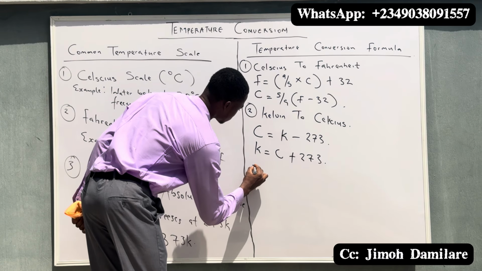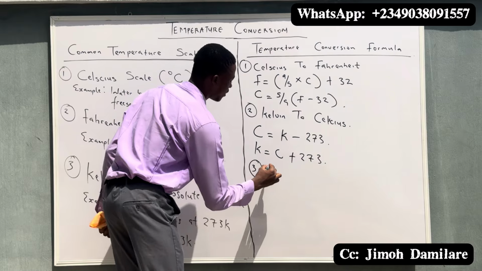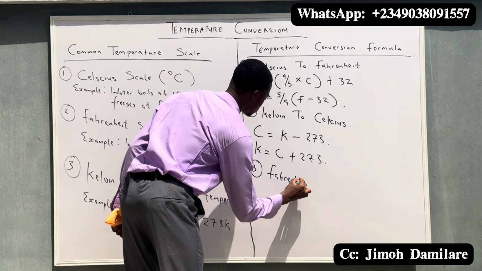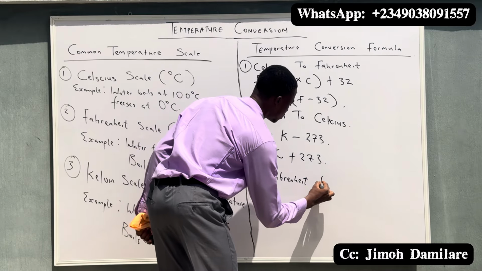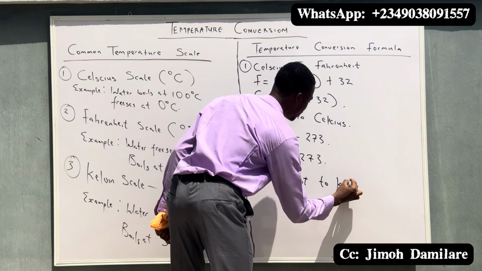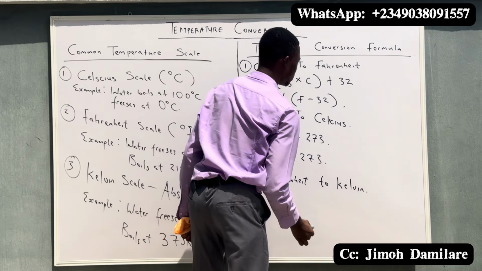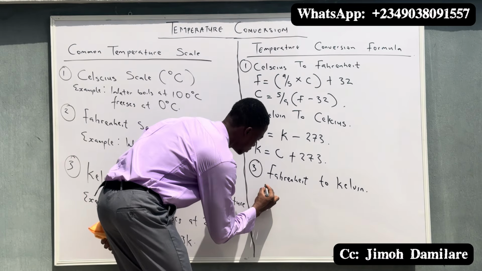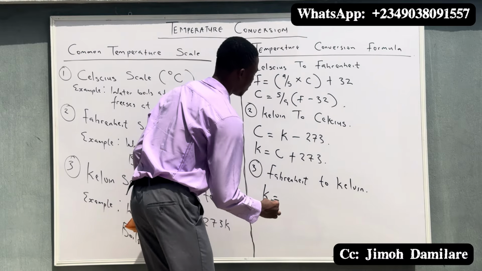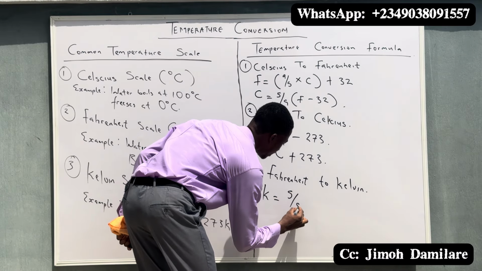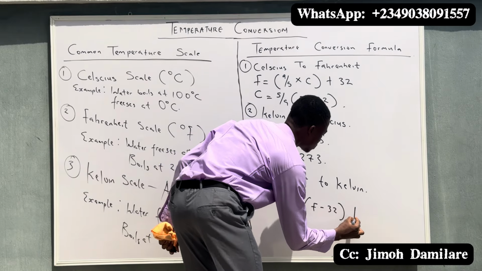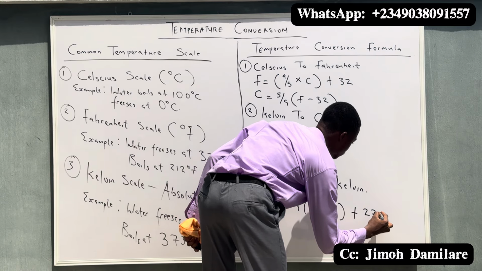And lastly, we have Fahrenheit to Kelvin, or Kelvin to Fahrenheit, any way you put it. In order to convert Fahrenheit to Kelvin, Kelvin is given as 5 divided by 9, open bracket, F minus 32, close bracket, plus 273.